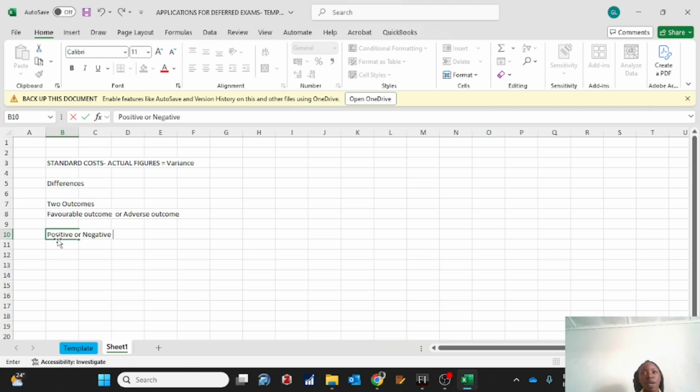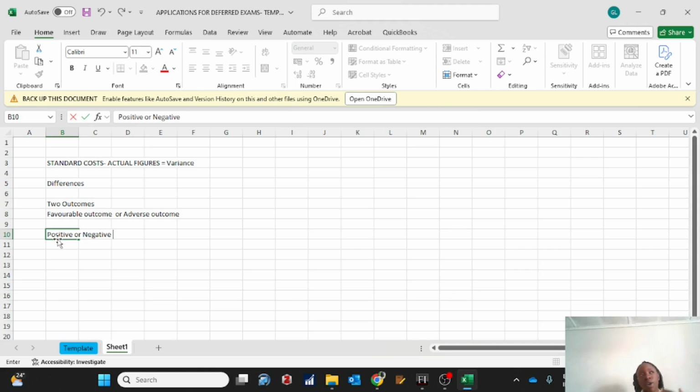So that should be the mindset. What are we dealing with at this point in time? Are we dealing with variances on labor? Variances on sales? Variances on price, on material, on overhead? Variable overheads, or are you looking at variances which are fixed overheads in nature?